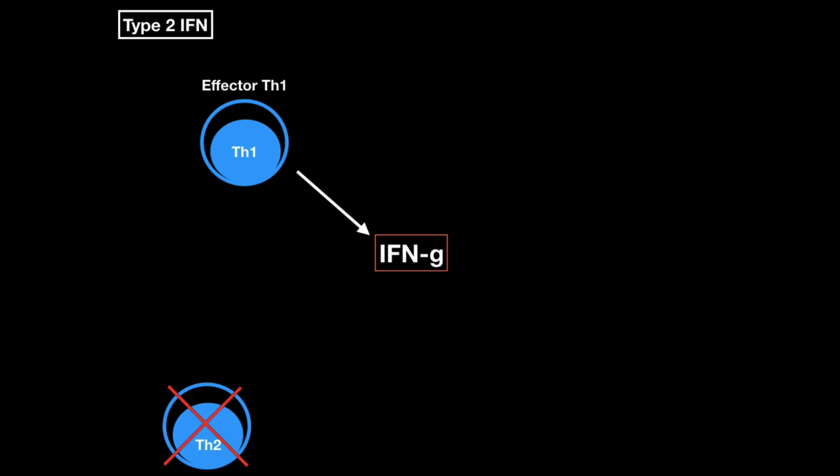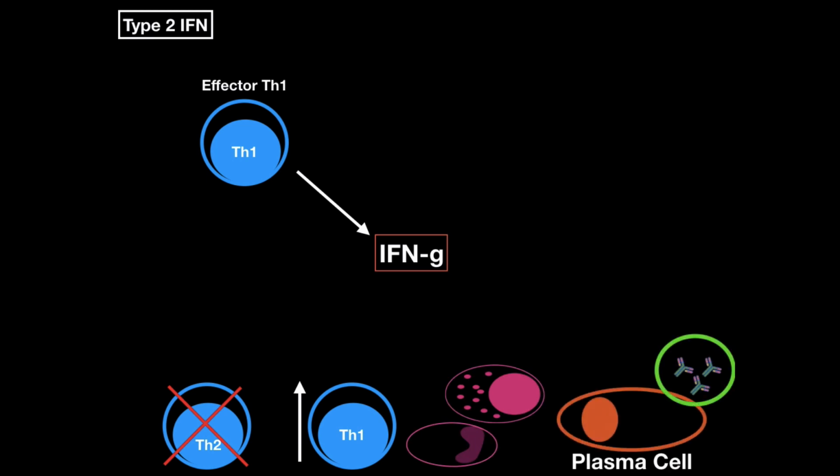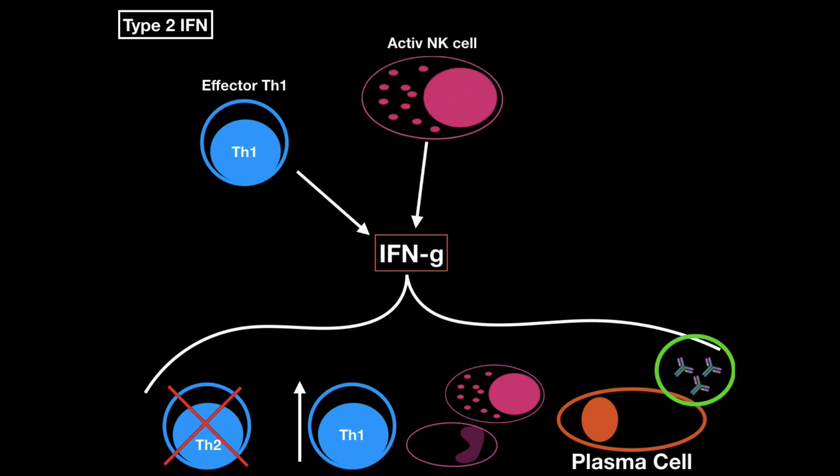So T helper cell 2 is switched off and T helper cell 1 production increases. They also activate macrophages and natural killer cells and stimulate B cells into differentiating into an IgG producing plasma cell. All of this is what interferon gamma does. It's also released by an active natural killer cell and an active T cytotoxic cell.